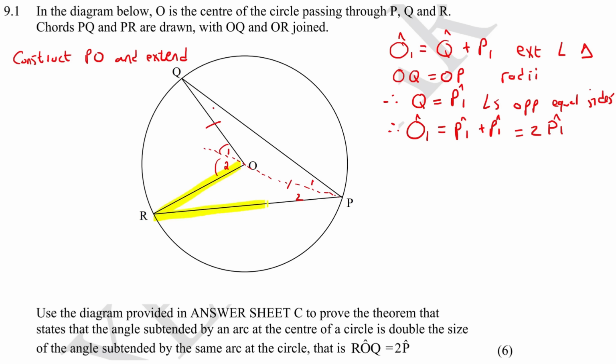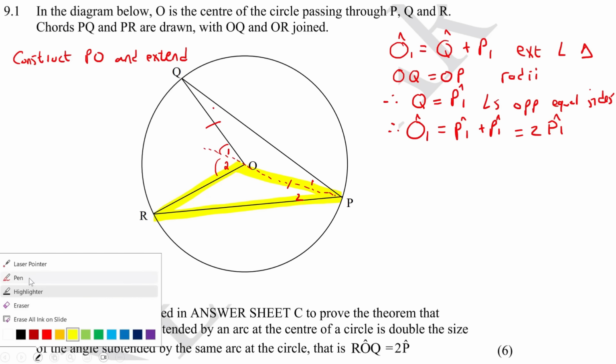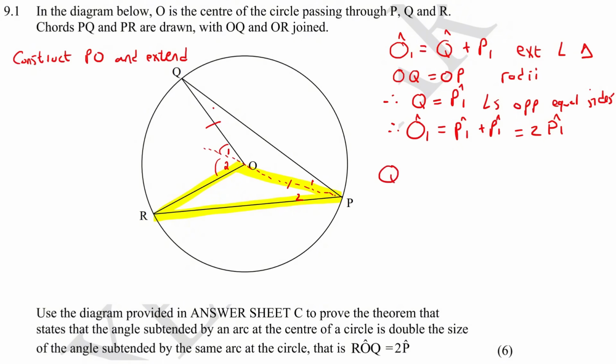So now we're going to work in this triangle over here, and do the exact same thing. We start off by saying that O2 is going to be the same as angle R plus angle P2, once again the exterior angle of a triangle.